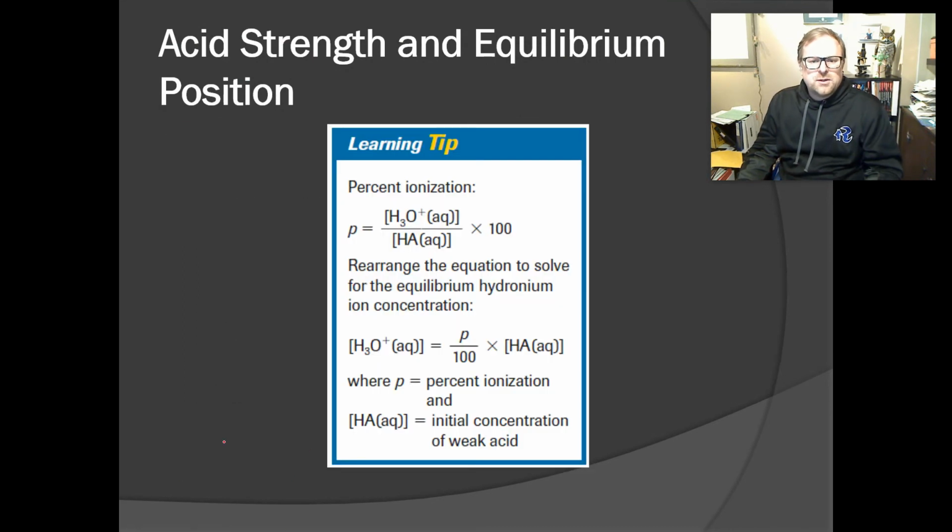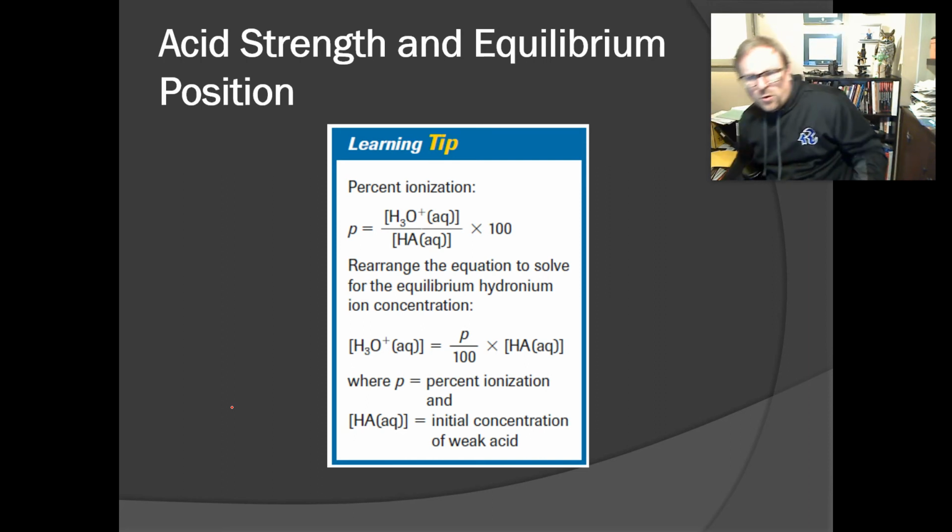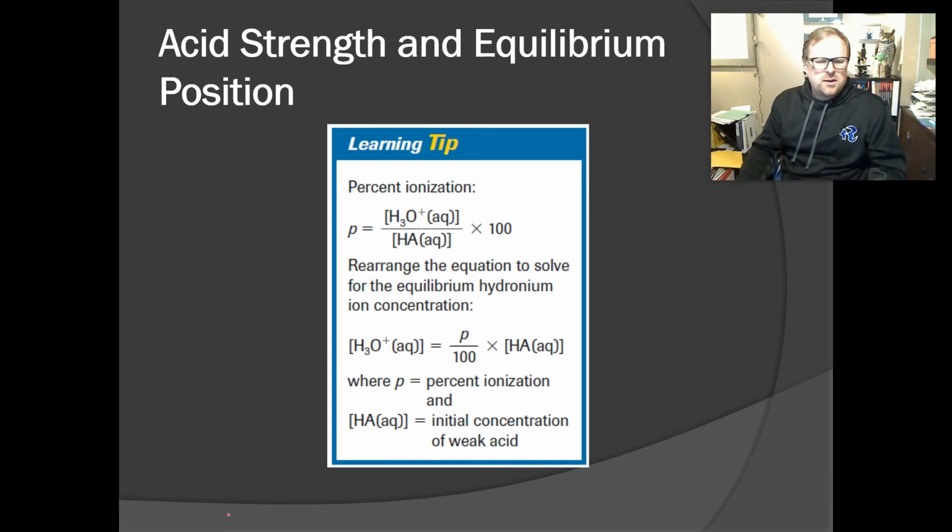Okay. So here's the little formula that we're going to use for this next calculation. And this is our percent ionization calculation. So this is sort of your root formula up here at the top. I'm going to change to my little laser pointer so you can see it better. So this is your root formula at the top here. And then down here, we've got it rearranged to solve for the hydronium ion concentration.